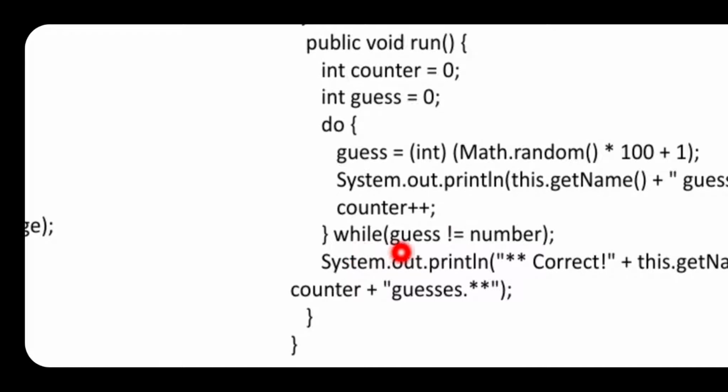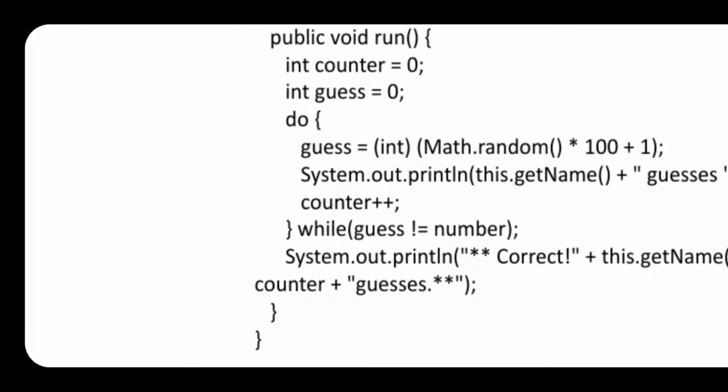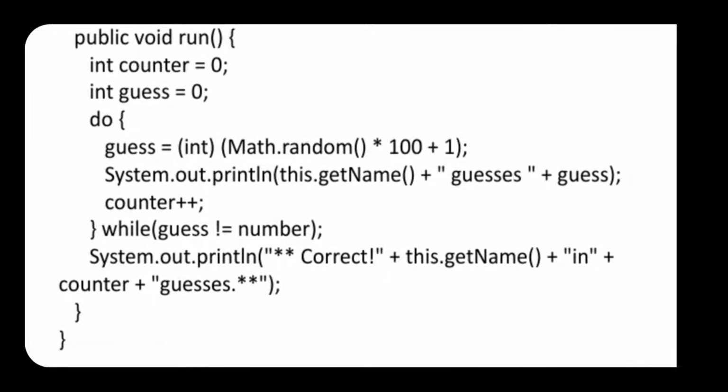Then while guess is not equal to number. Guess not equal to number means whatever number you defined at the starting point, if it is not equal to that number, it will keep executing the statement. If guess and number become the same, then it will come outside and display the information.